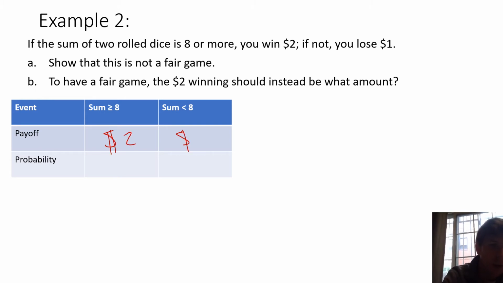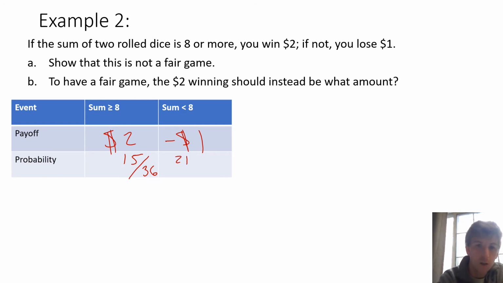If the sum is under 8, you lose $1. All right, so probabilities. We've gone over sums of dice rolls before. Out of 36 possibilities, 8 and above will cover 15 of them. For below 8, it's just 1 minus that, so 21.